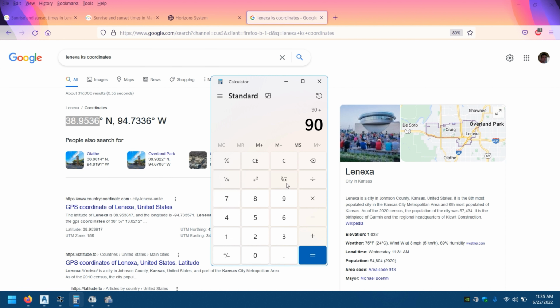So I take 90 minus the latitude plus the tilt, which is 23.5, equals. Because today's 6/22, I got yesterday 74.5, or 74.